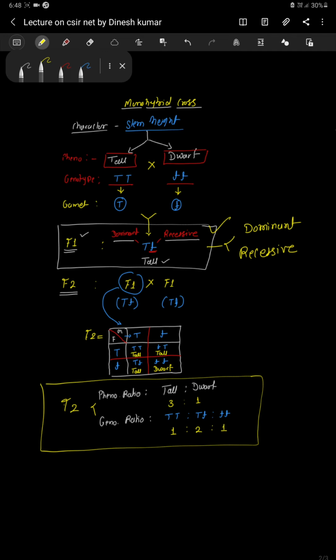This is basically the rule of dominance and recessiveness with reference to Mendel's experiment. Now this law is also not universal, because it can vary from organism to organism.